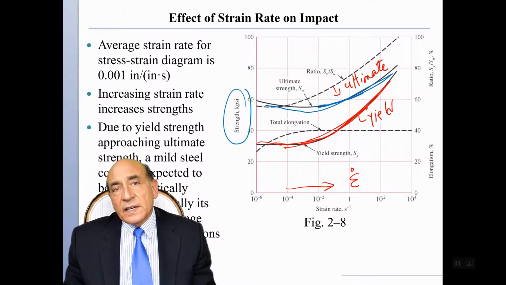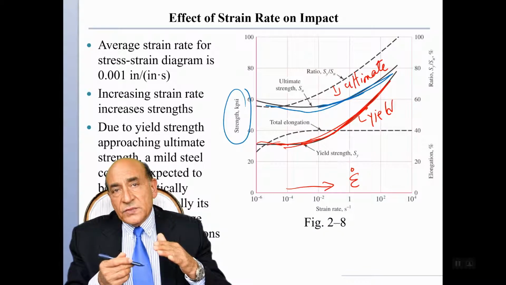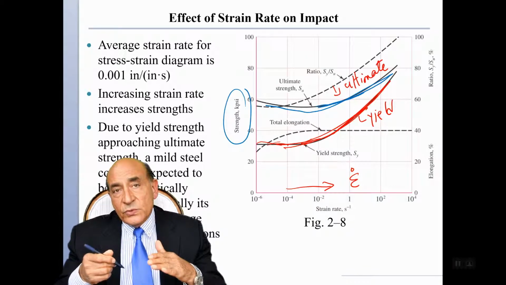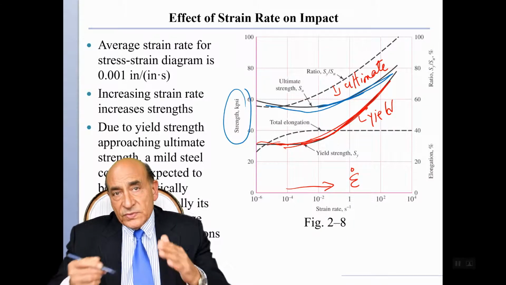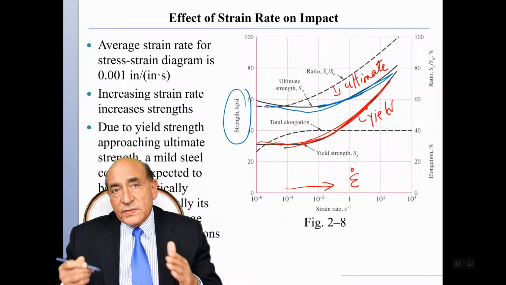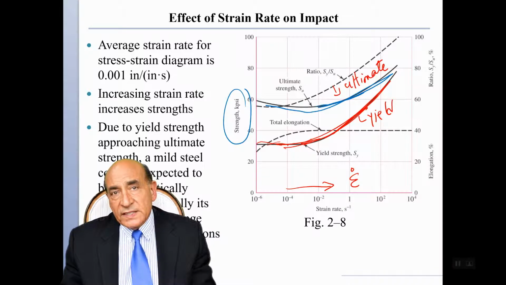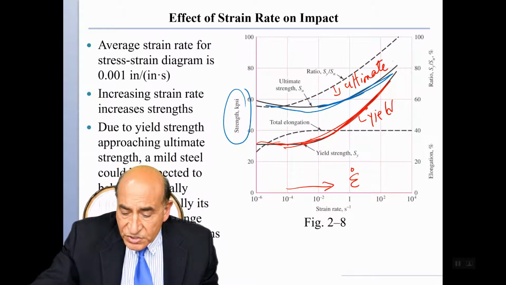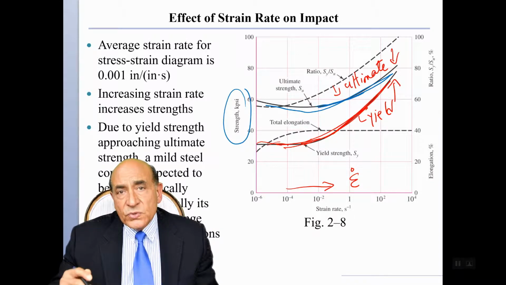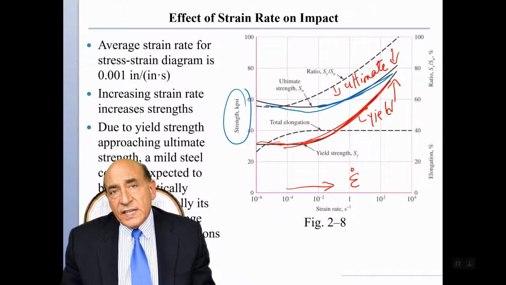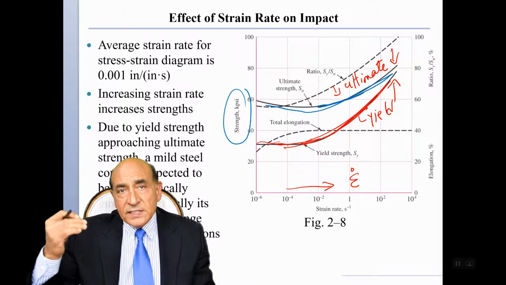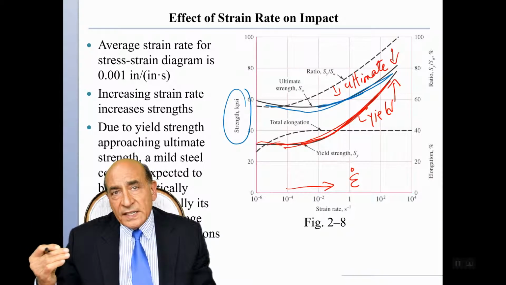And the interesting aspect of this is that the rate of increase of the yield with respect to the strain rate is steeper than the rate of increase of the ultimate with respect to the strain rate. So the yield strength starts to approach the ultimate strength at very high strain rates, which means that between the yield and the ultimate is where there's work hardening.